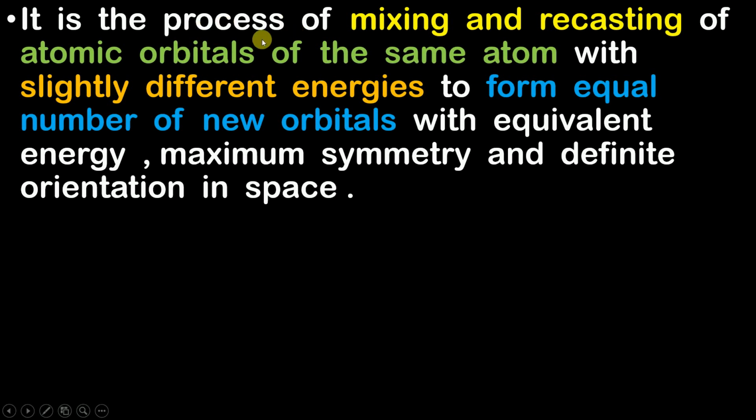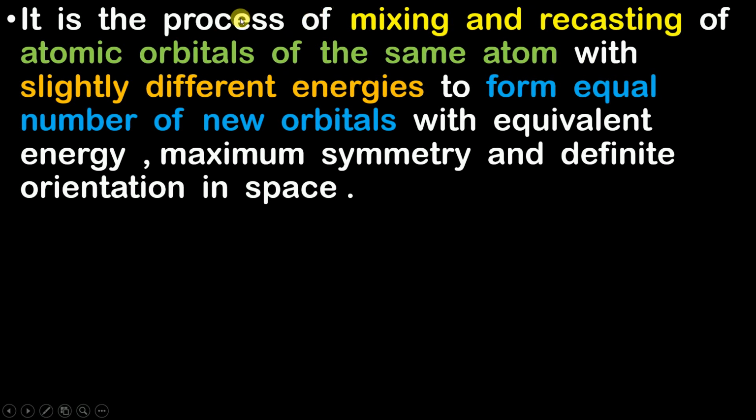It is a process of mixing and recasting of atomic orbitals of the same atom which have slightly different energies. So guys, I hope you have understood up till here.